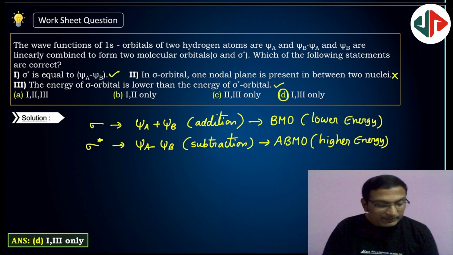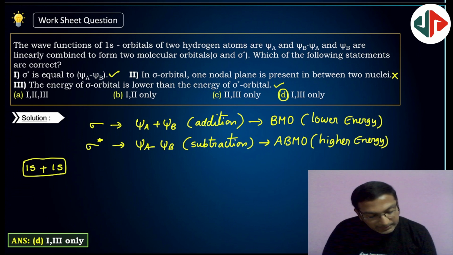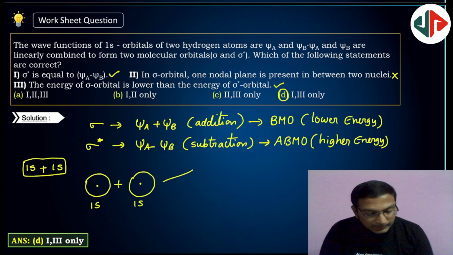I will explain with one example. If you take 1s orbitals of two hydrogen atoms. So 1s means spherical, plus here 1s also spherical. Here two types of combinations, additive overlapping and subtractive overlapping.